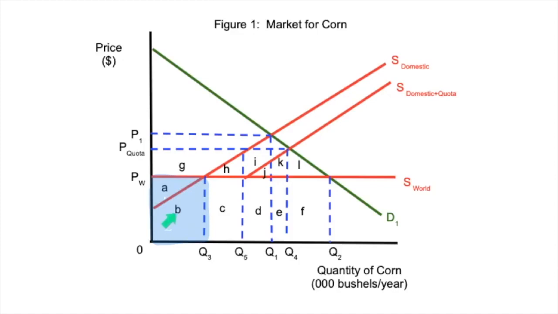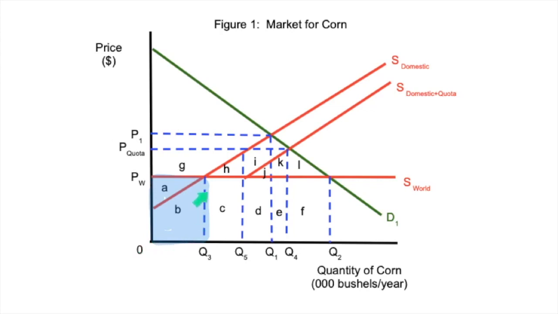But let me just walk you through a scenario here of what is actually happening, okay? Remember that a quota is a set physical limit on the amount of corn that can come in to Germany from outside. So the story needs to start by imagining the first bushel of corn, second bushel of corn, third bushel of corn, up to Q3, okay?